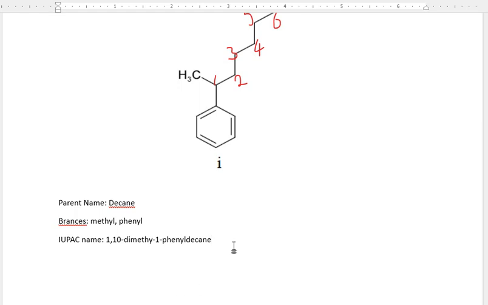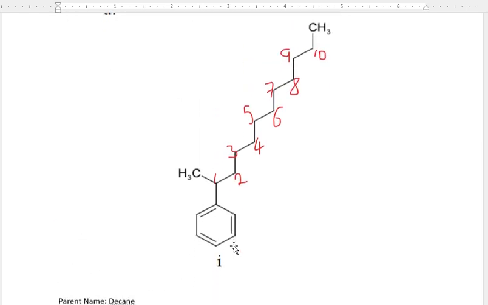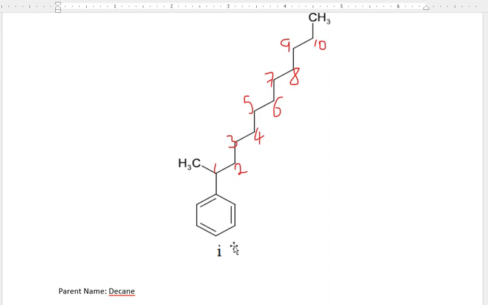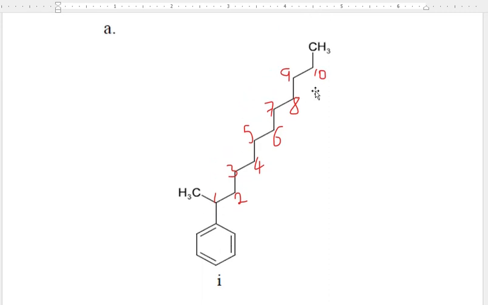So this is the name of this one. Since we have two methyl groups, we have one at 1 and the other one is at 10. Maybe you could ask, why did I choose to number it in that way? Why didn't I start from here where I've said 10? We said branches are supposed to give you the smallest number possible. If I started at the end here, I was going to have 1 methyl, but the other two were going to have 10.